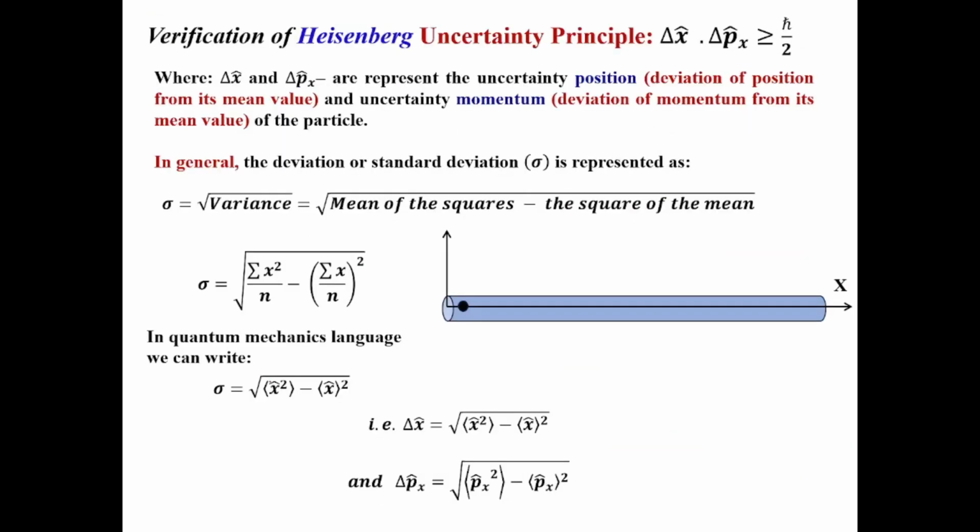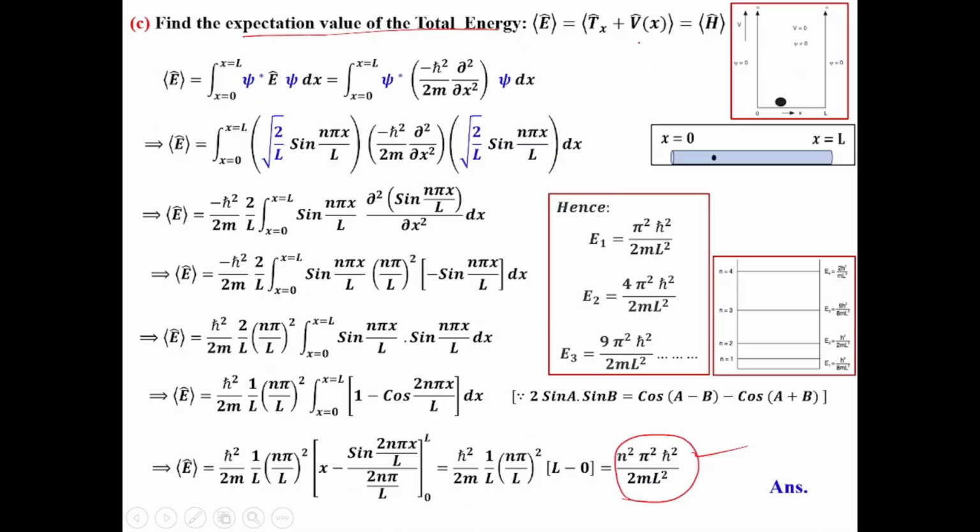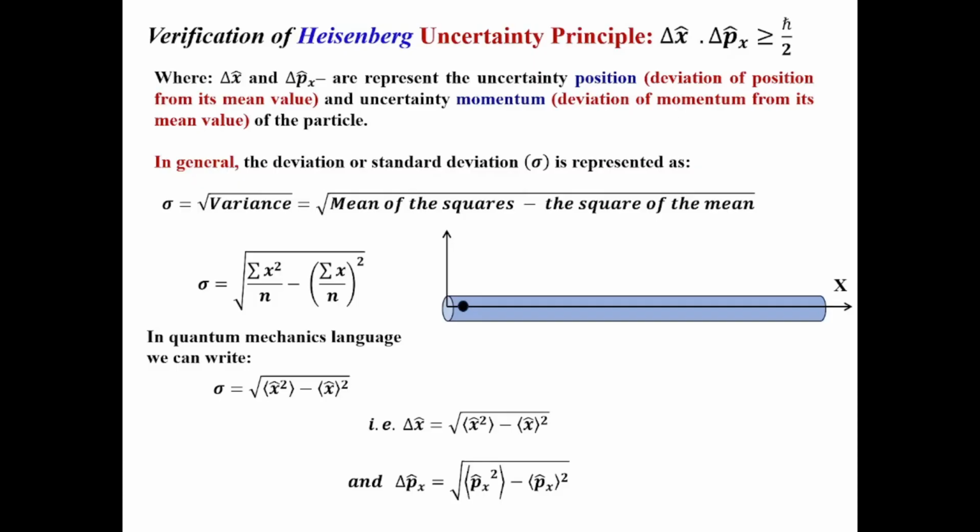In this class, we are going to verify the Heisenberg uncertainty principle by using the results we found in our previous two classes. Right, so let us start.